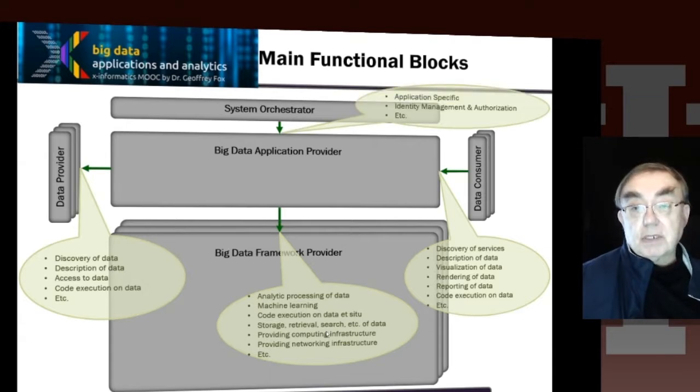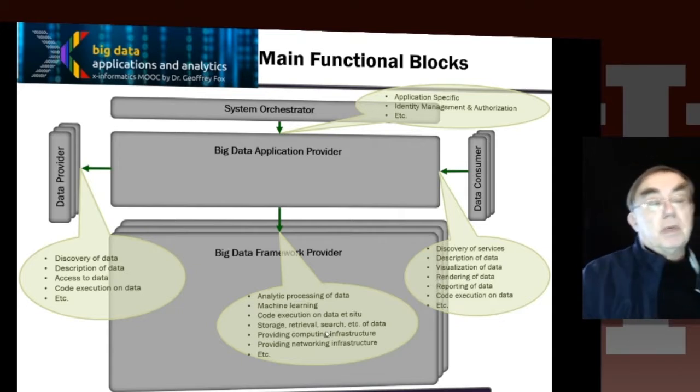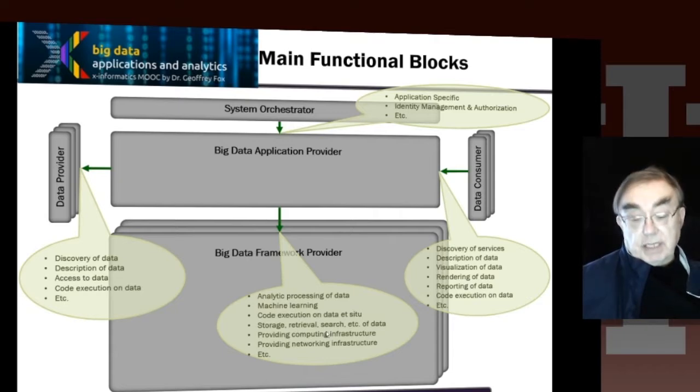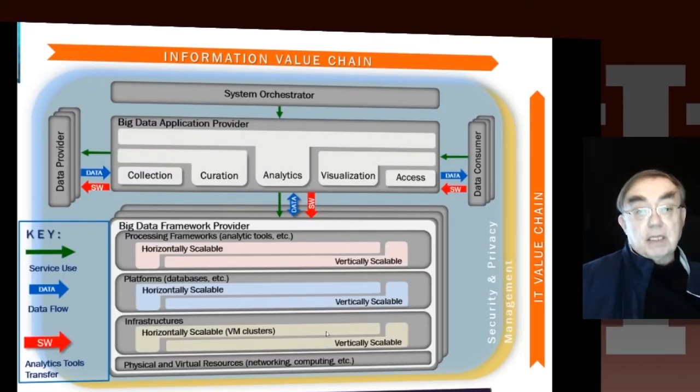And then the final set of components are the system orchestration, which means you have somebody or something, let's call it a workflow system, that integrates all this stuff together. And then finally, that dynamic diagram becomes this more static picture we see here.